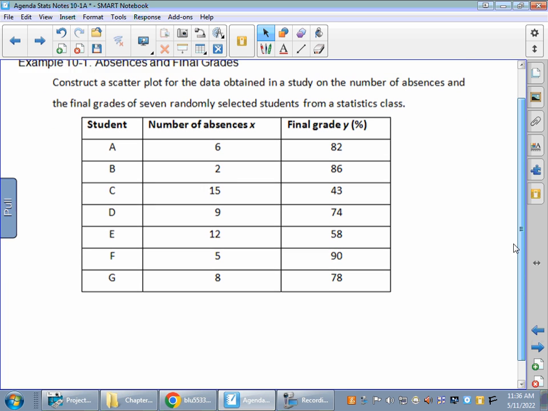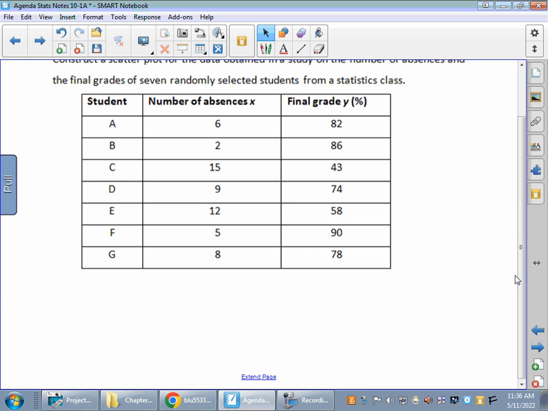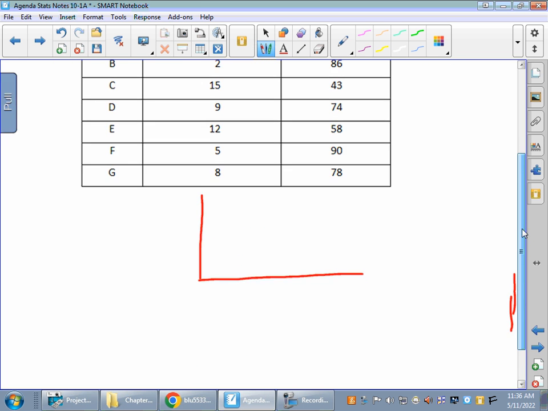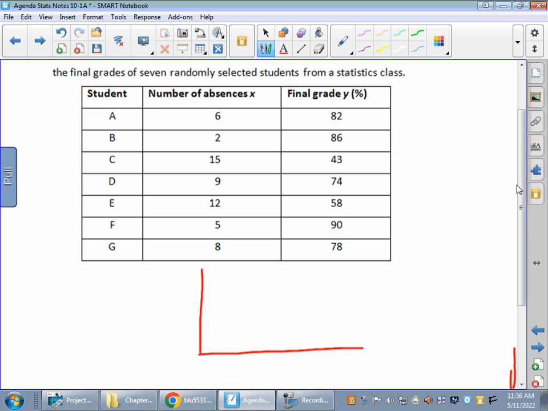So if I'm going to construct a scatter plot, first thing I'm going to do is draw and label my axes. So my independent variable is the number of absences. It even tells you that it's X. The dependent variable right here is the Y, the final grade.